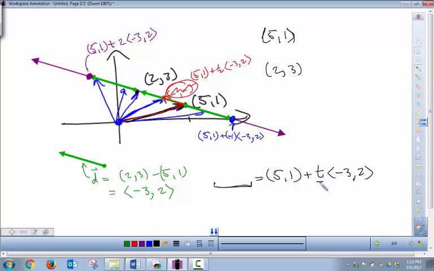And then now I've created this parameter t, which is that scalar multiple. Now I can call this, I don't know, L for line of t. So now it looks like a vector.